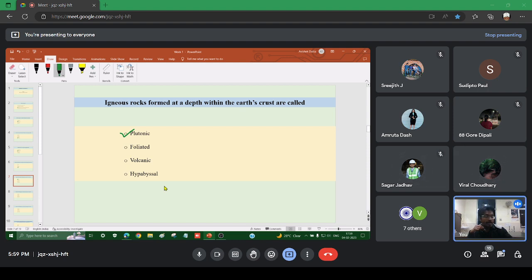Yes, at or near the surface we can find volcanic rocks. And at a great depth in the Earth's crust we can find plutonic rocks. Now where can we find hypabyssal rocks? At shallow depth, or at intermediate depths between plutonic and volcanic.